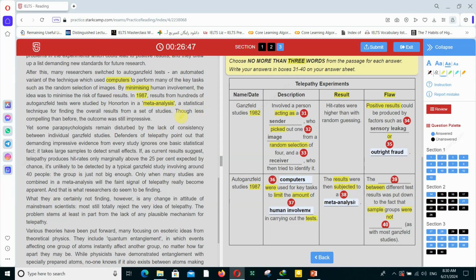Okay. Next paragraph. Yet some parapsychologists remain disturbed by the lack of consistency between individual Ganzfeld studies.